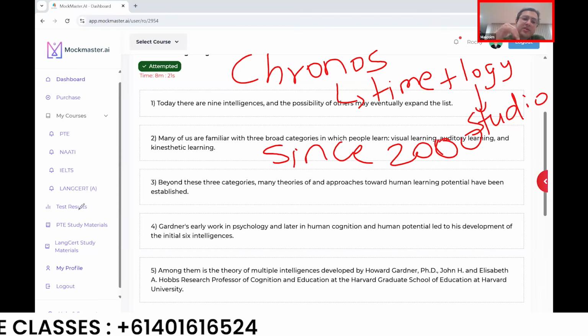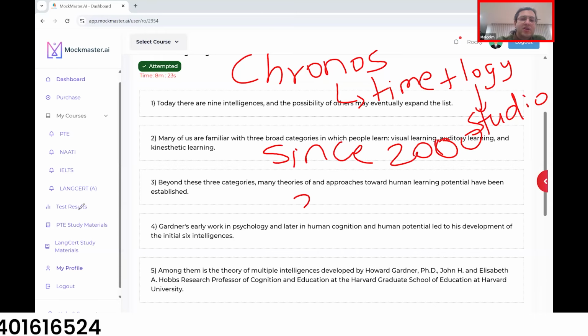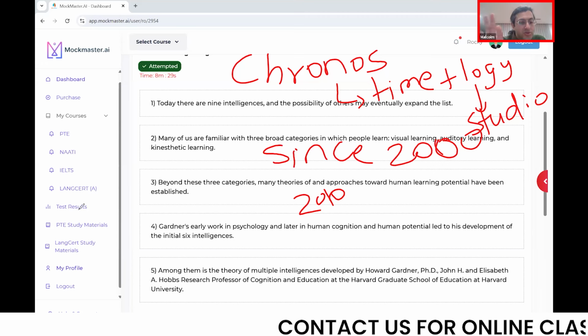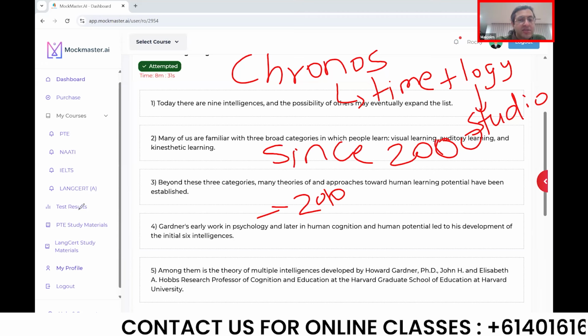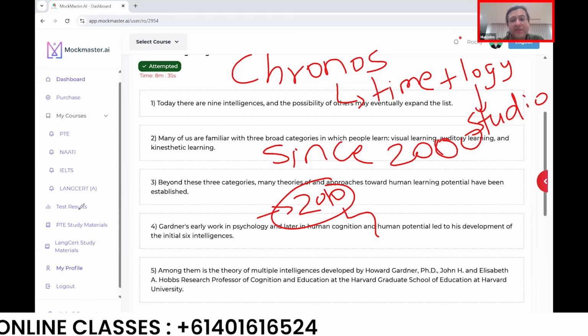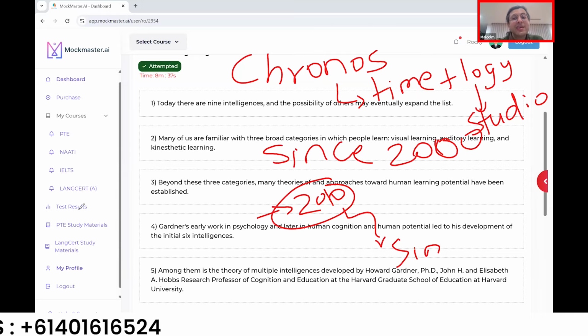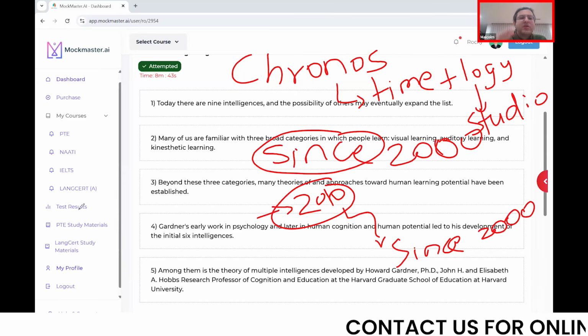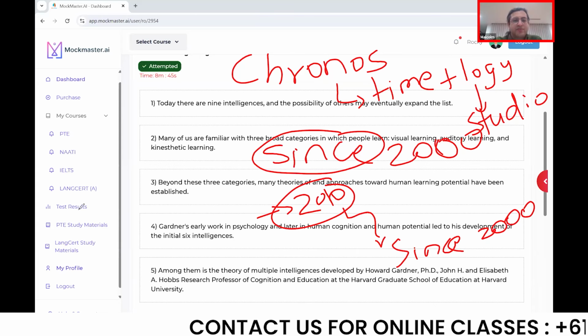And let's say there is another sentence which says 2010, for example. In such sentences, there is also a chance that the story will start with 2010 first. And then there will be some reference to since 2000 later. So you have to be attentive to the words before the numbers also, sometimes.